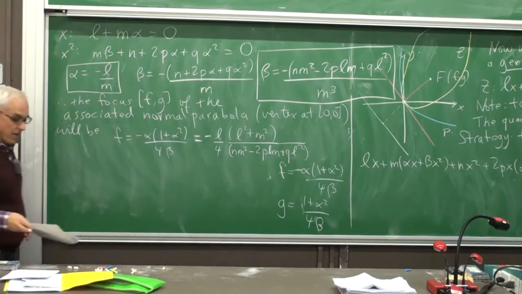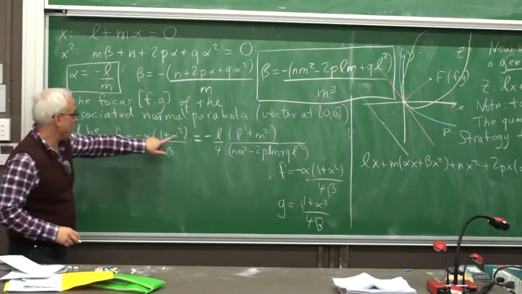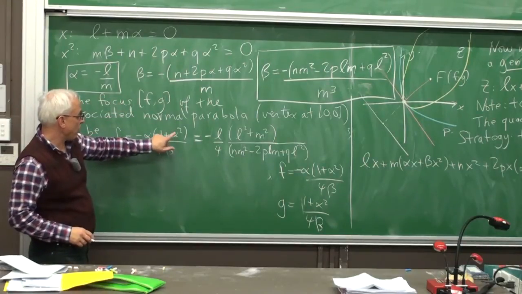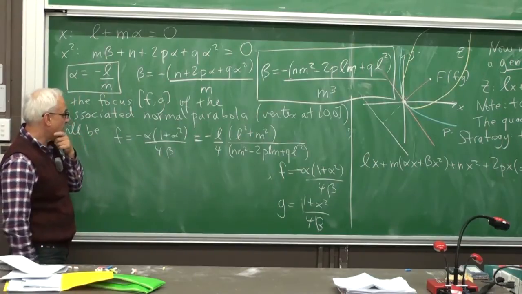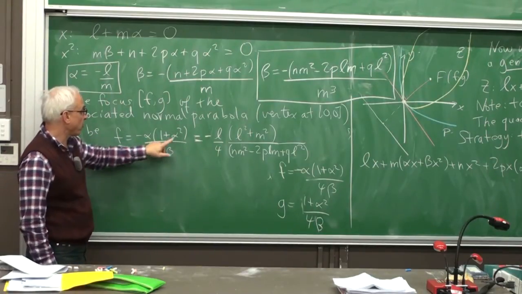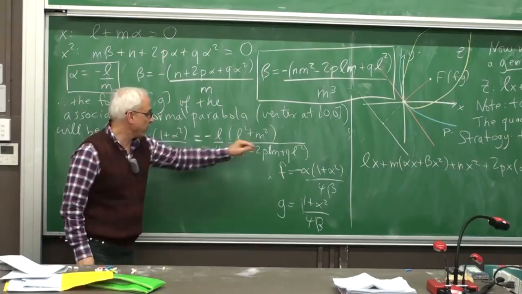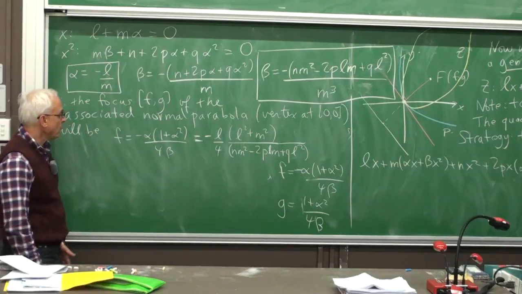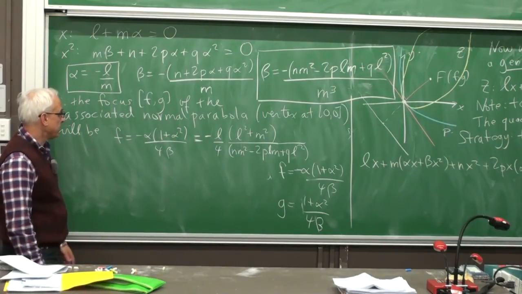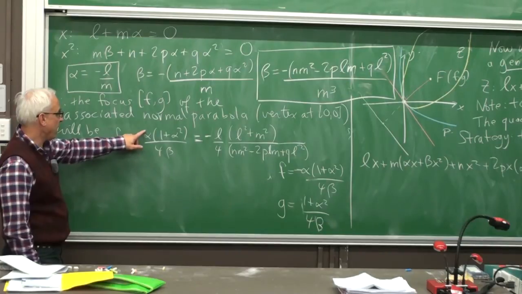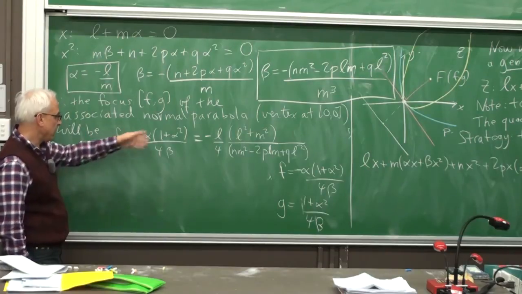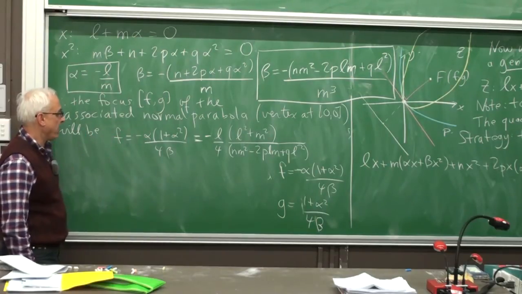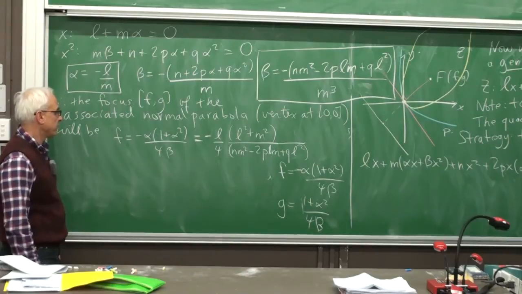All right, so let's see why that's true. So alpha is minus L over m. So imagine L over m all squared. So there's an L squared over an m squared. So if we multiply through by an m squared, we're going to have an L squared plus m squared appearing there. And over here there will also be an L over m with a minus sign. So that will cancel with that one. And then to get rid of that, we should multiply through by m cubed.